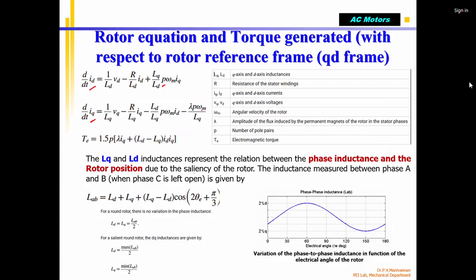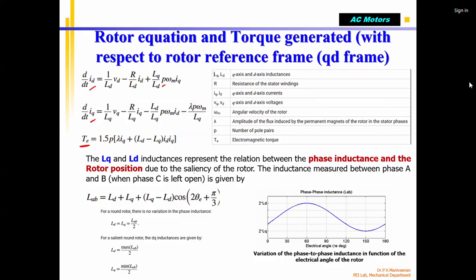Now, for this motor, once this is known, we can find out the torque developed. Take the equation for the torque produced by the motor in which the stator windings are distributed evenly, excited by a three-phase sinusoidal AC voltage.